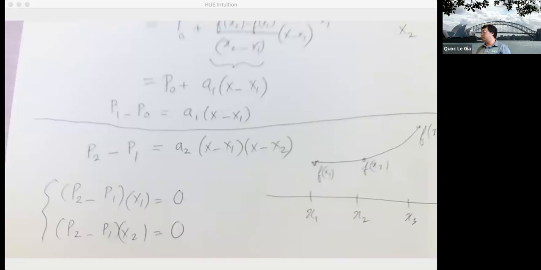So then P1 of xj equals f of xj for j equal 1, 2. Therefore, if you take these two conditions and take the difference, then you will have this condition.